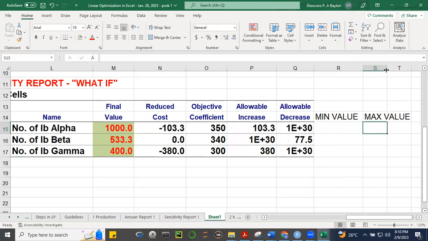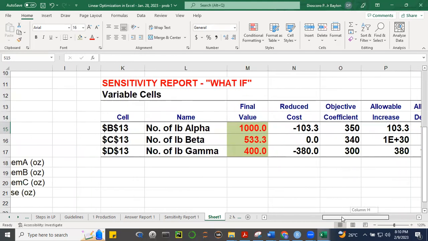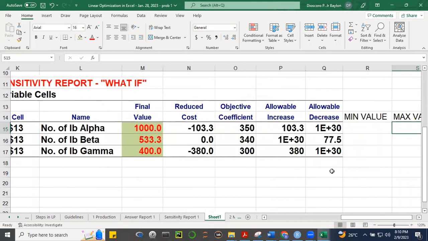So the sensitivity analysis for our decision variables refers to your objective coefficient. Okay? So ang question dito, what if the objective coefficient changes? Okay? Kunyari ito, madagdagan to, kunyari, maging 355 siya.